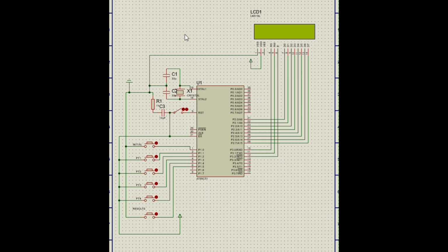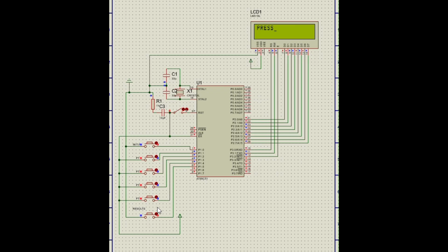The main components required for this circuit are AT89C51 microcontroller, buttons, and LCD display. The working is as follows. Firstly, we have to press the initial button to initiate. Then we have to cast the vote. Again, we have to initiate by pressing the initial button.